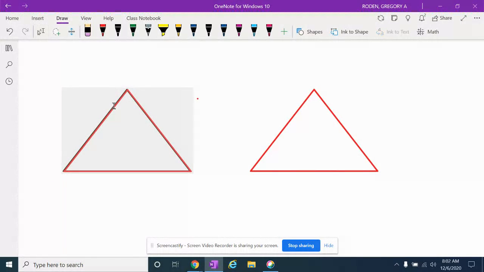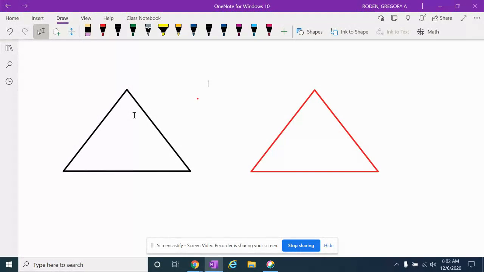All the corners line up and the sides exactly line up. So you can't even really see the other one when I put the red one on top of it. That's called congruence. Congruent figures are everything congruent, so all the matching sides and angles are congruent to each other.